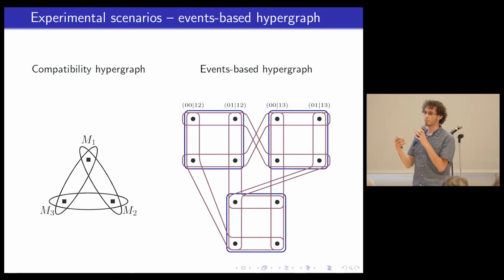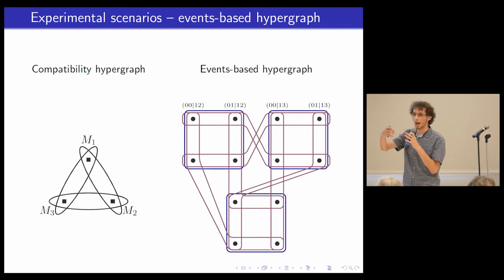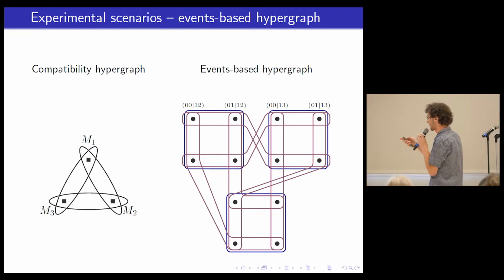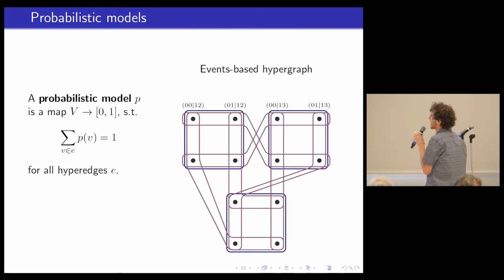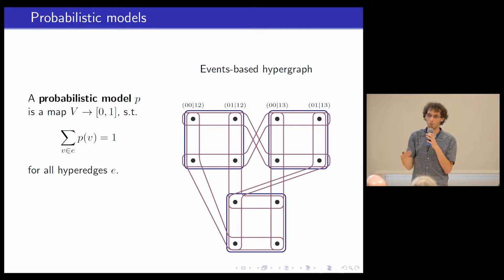Those are probabilities assigned to outcomes we could get in an experiment. But it's actually a little easier to talk about it on the right-hand side, so that's what we will do. A probabilistic model is an assignment of probabilities to each of those events. So each of the vertices, we assign a probability. And we also require that for any hyperedge, the probabilities are normalized, just like I said.